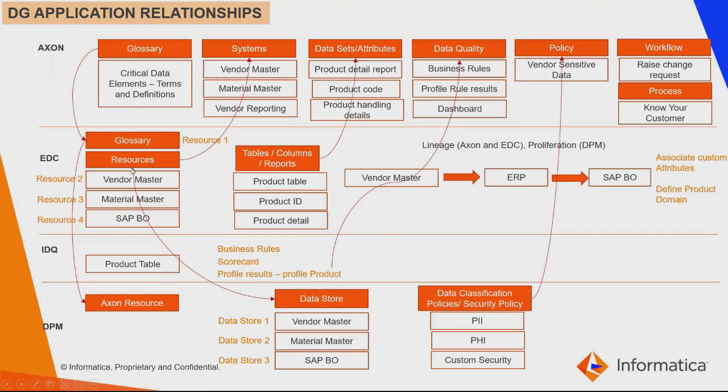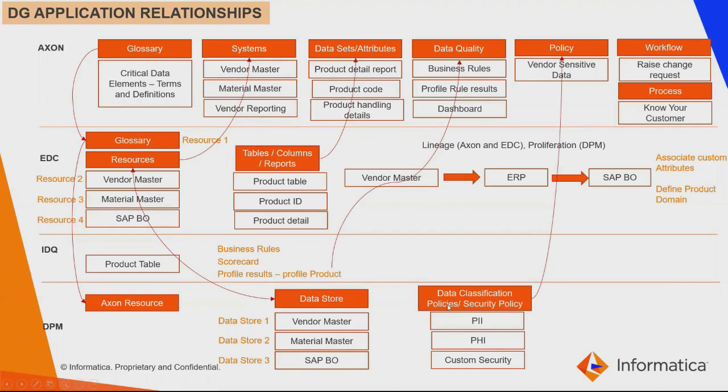It's bidirectional. So basically if you're scanning EDC and also want to import into the data privacy management, that can be done. Or if the data stores are being scanned in data privacy management, that can be synced up with EDC as well. Hence, it's bidirectional. An important point to note here is that's why EDC and DPM are to be installed in the same domain so that this can be achieved.